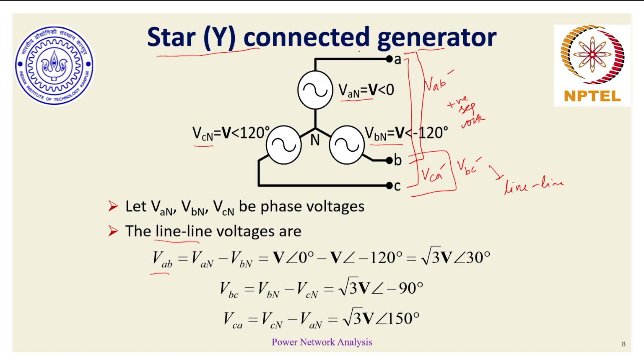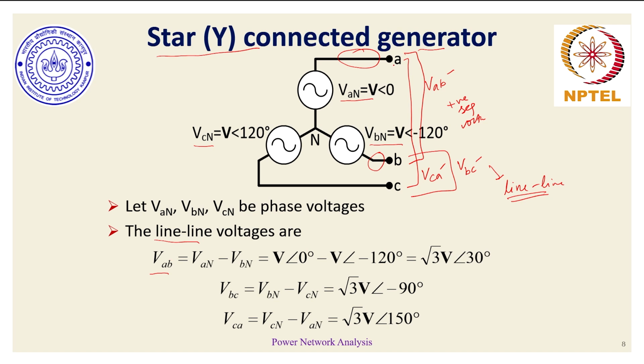Here, line refers to the terminal of the synchronous generator. So we are trying to measure the potential difference across two lines, and hence the term line-to-line voltage. Now if I know my phase voltages, I can always figure out these potential differences across lines by simply applying KVL.